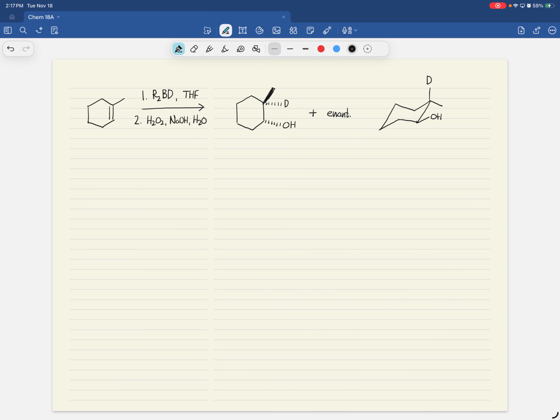Tyler, any question? Will this always produce an alcohol? Yes, you don't have to worry. Usually, unless it's intramolecular. If it's intramolecular, you'll get an ether.